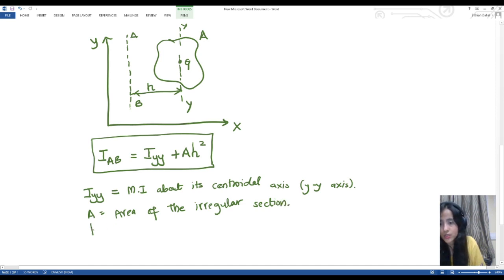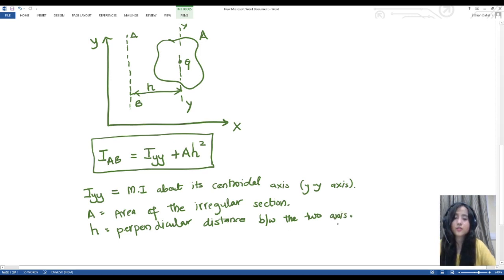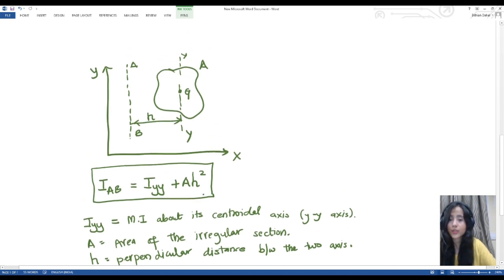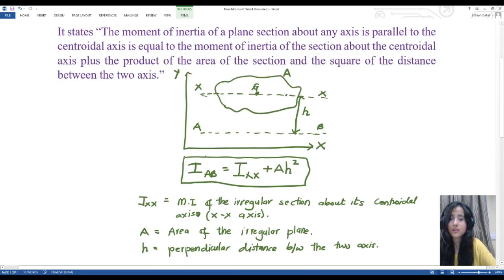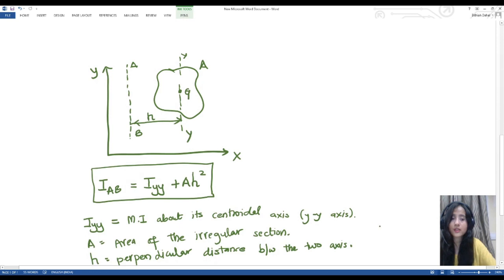And what is my h? h is the perpendicular distance between the two axes. Okay, so this is the simple meaning of the statement and the simple explanation to understand the parallel axis theorem. I hope it is clear.